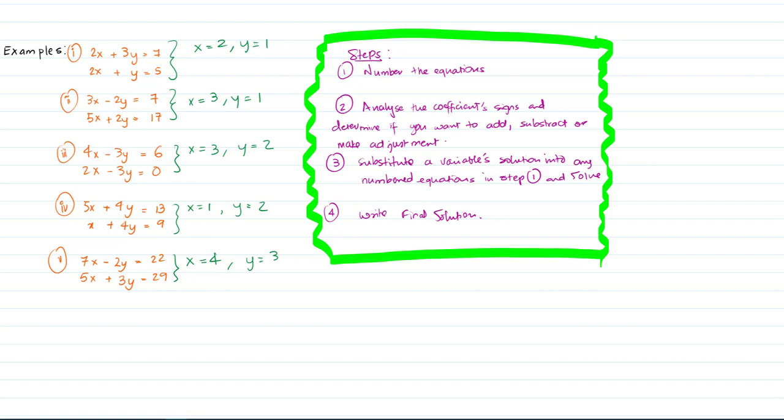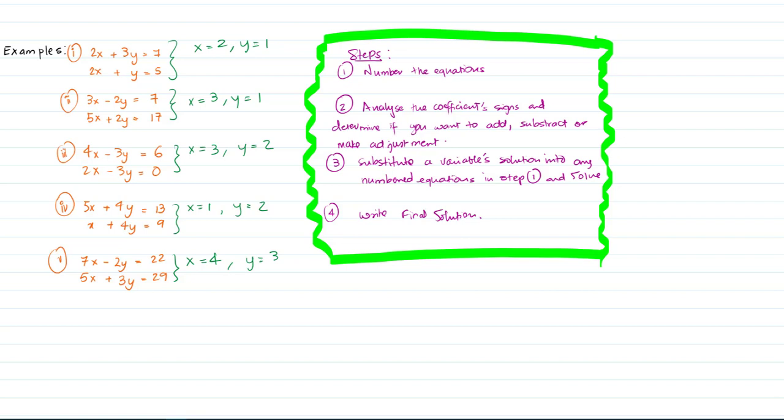Alright, so we have now learned how we can do the elimination method. I have a few questions or examples here that I want you to try on your own, using the same principles of elimination that we have just learned. On the right hand side you can see the steps.